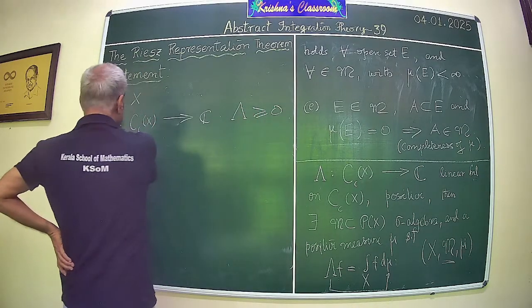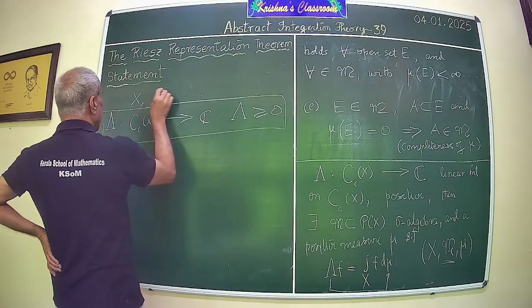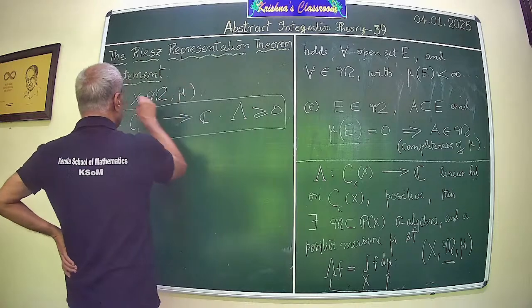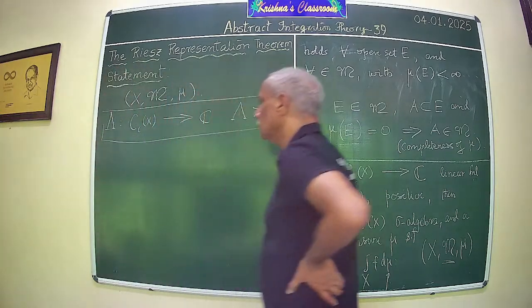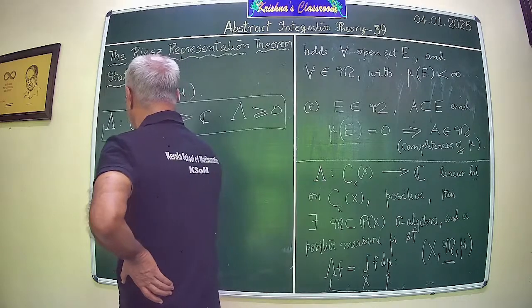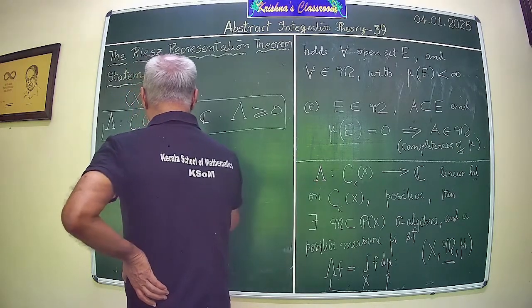These are the conditions that we have. Then it induces on this a sigma algebra M and a measure mu. Okay, and M contains all open sets.